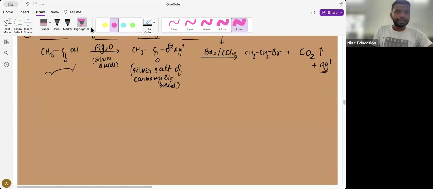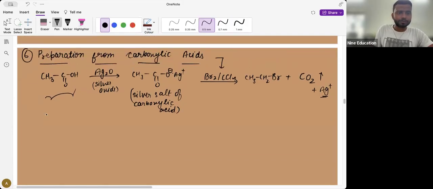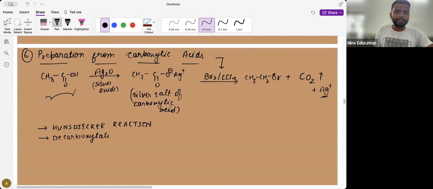And see, now this reaction is one of the name reactions. We call it the Hunsdiecker reaction. Write it down. The name of this reaction is the Hunsdiecker reaction. In this reaction we have decarboxylation, meaning loss of CO2.